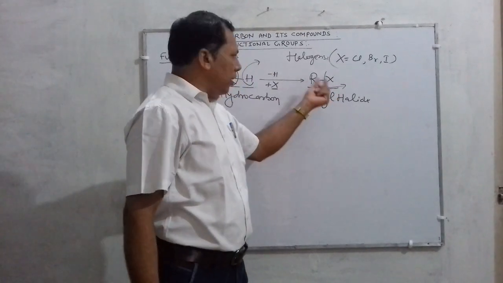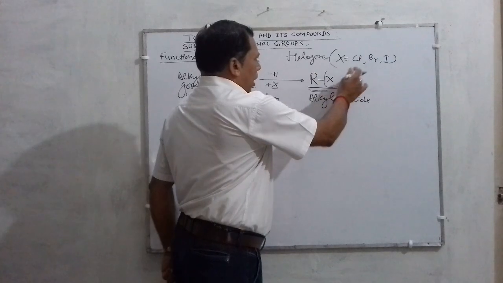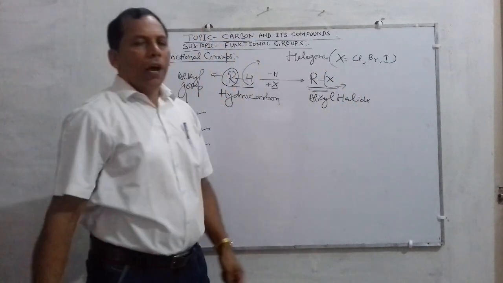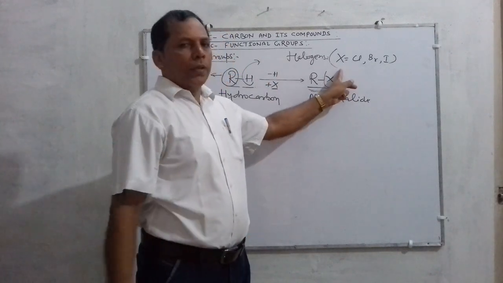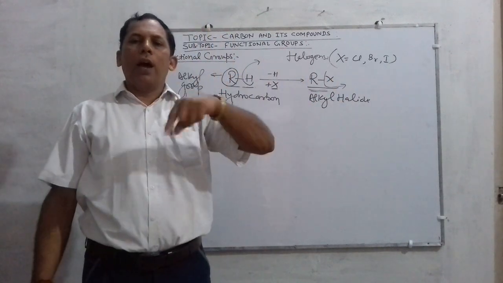So the meaning is clear that this X represents a particular functional group, and that functional group is called the halo group, or halogens.